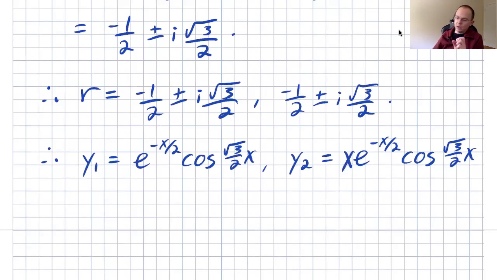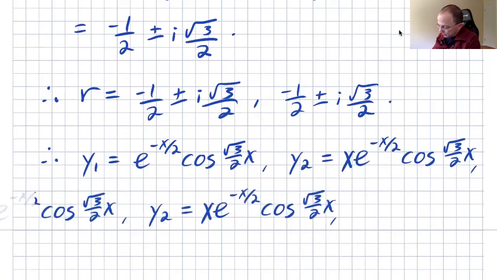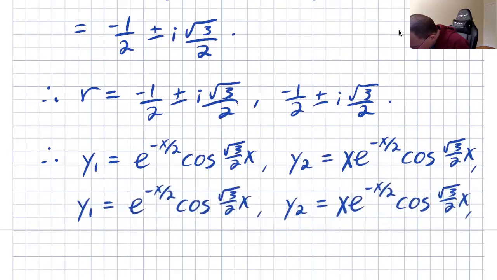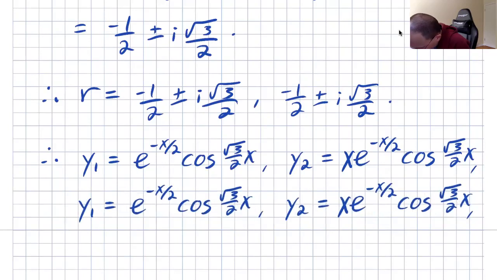And that will give me a linearly independent solution. And then we do the same thing with, well, it's exactly the same, except I just replace the cosine with sine. So y3 is this, and y4 is that.